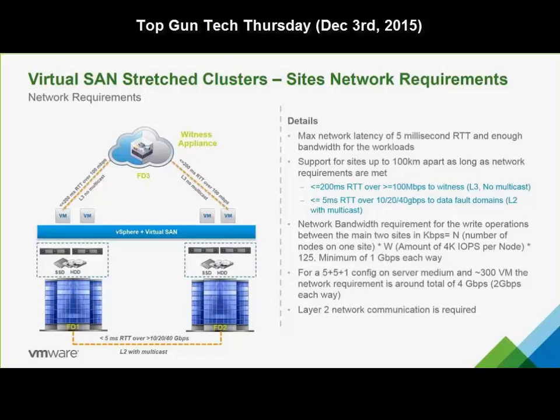Less than or equal to 200 milliseconds round trip time, and a greater than or equal to 100 megabit connection to the witness using a layer 3 connection with no multicast. And then also less than or equal to 5 millisecond round trip time over a 10, 20, 40 gigabit connection between your data fault domains, and that's using a layer 2 with multicast.